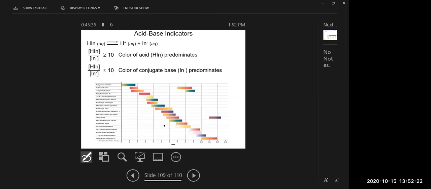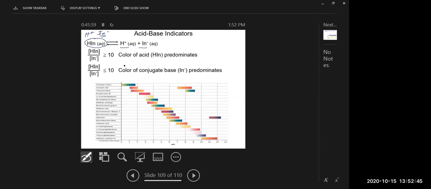Indicators, as I mentioned before, are really like weak acids, and they have a protonated form, which is here. That's what the H is. So this is like H plus, and IN is a generic term for an indicator. And they do break apart into this sort of weak acid equilibrium.